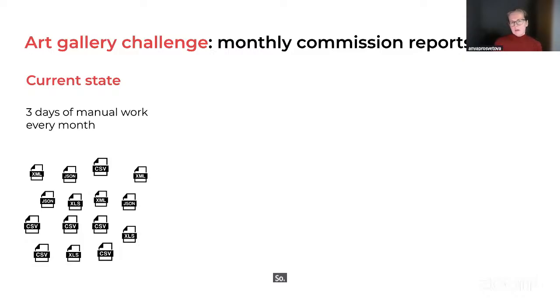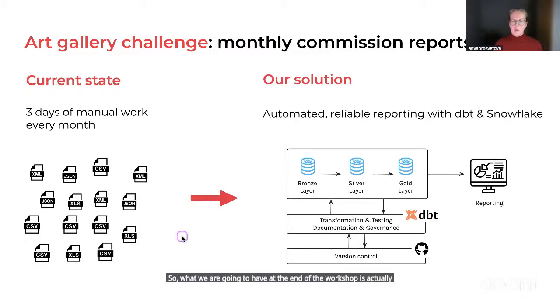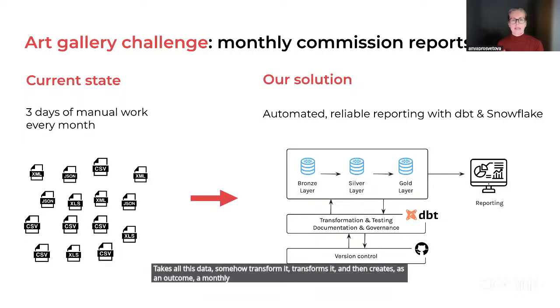So what we are going to have at the end of the workshop is an automated solution that takes all this data, transforms it, and then creates as an outcome a monthly report that's updated automatically.